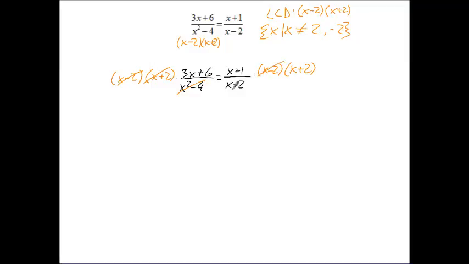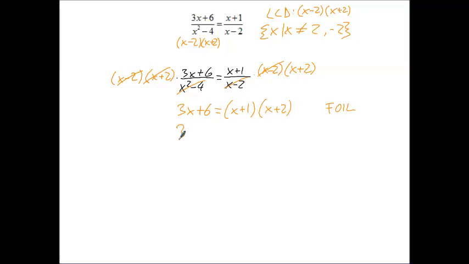And on the right, x minus 2 gets simplified against x minus 2. And we are going to write what we have left. 3x plus 6 is equal to x plus 1 times x plus 2.